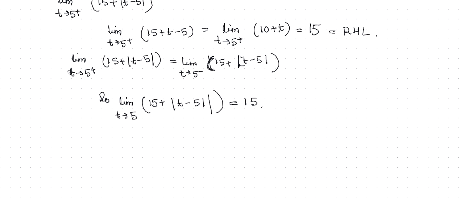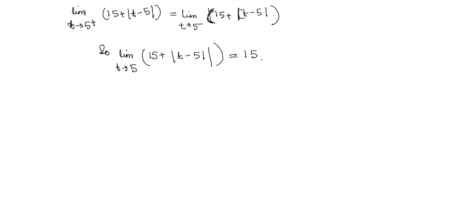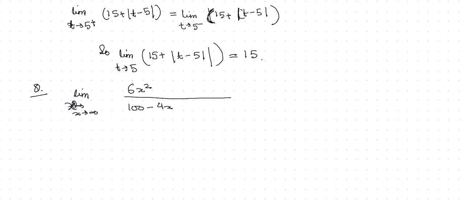So the next question we are going to do is we have to find the value of k. This is, x tends to infinity, of 6x squared plus 100 minus 4x plus kx squared is equal to 1.